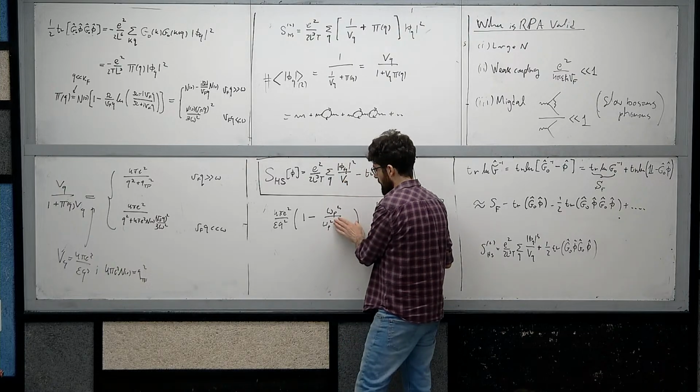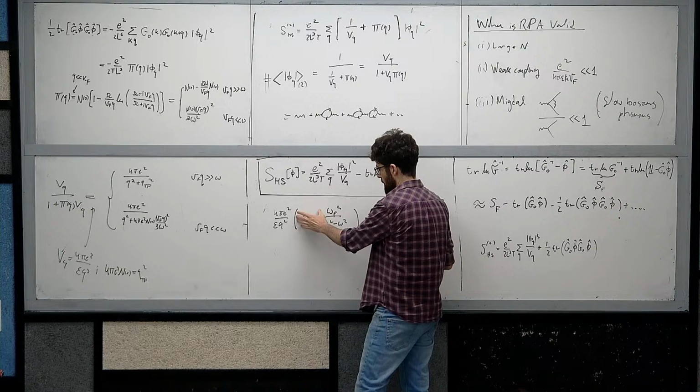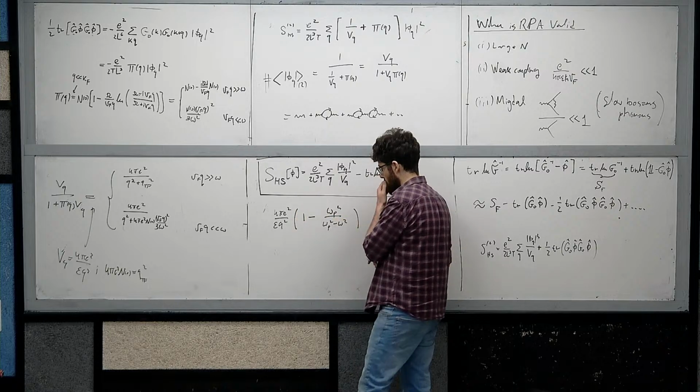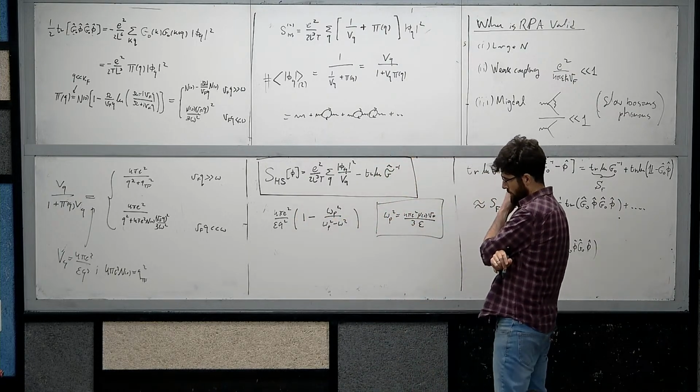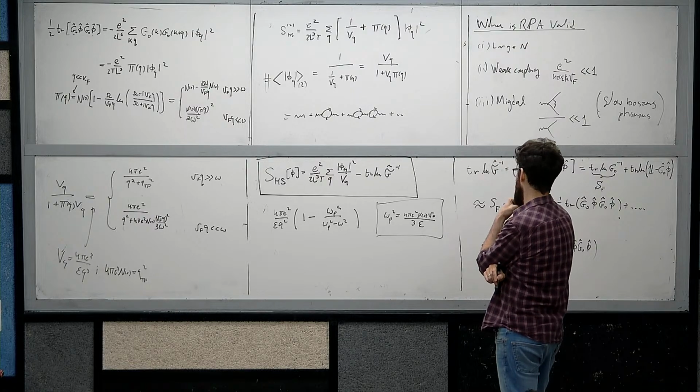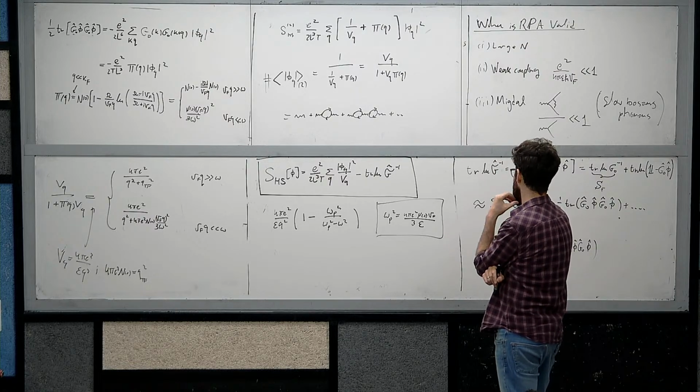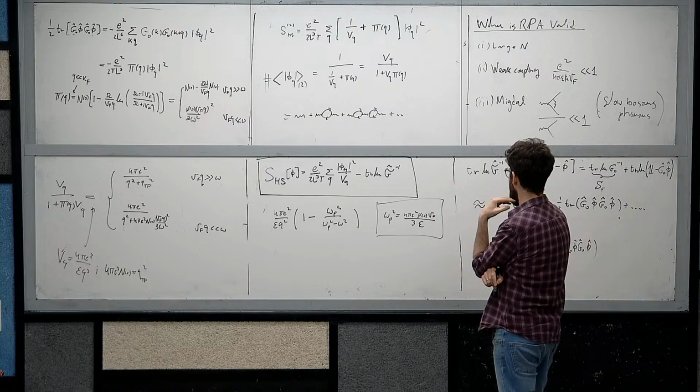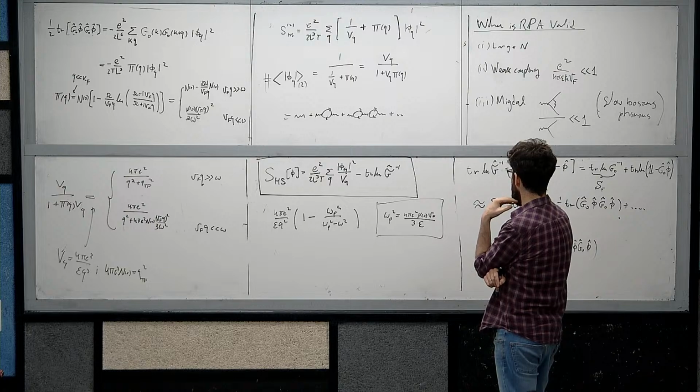If I take ω to 0, this becomes 0. Yes, probably this is correct, unless I missed something. So something is bothering me. If ω is very, very large, ω becomes small. Oh yeah.